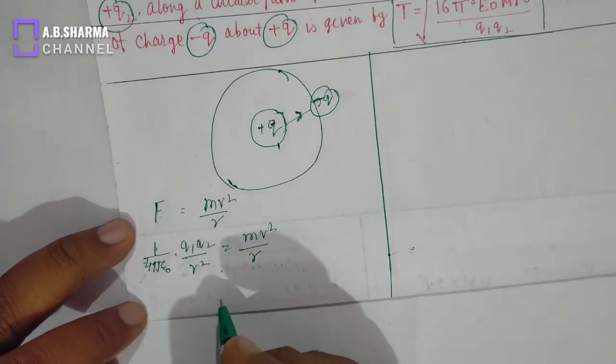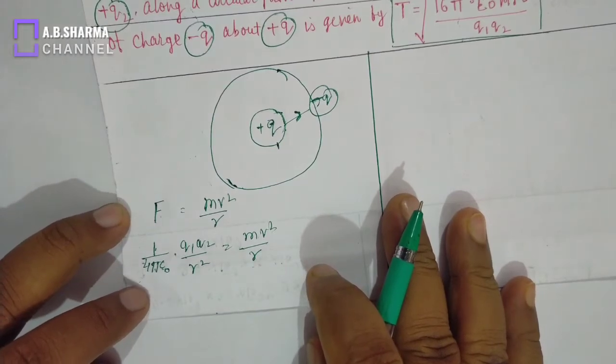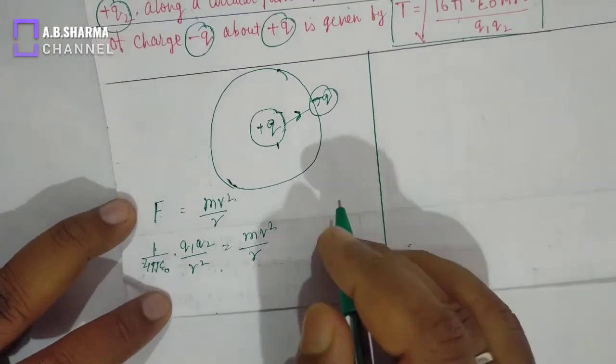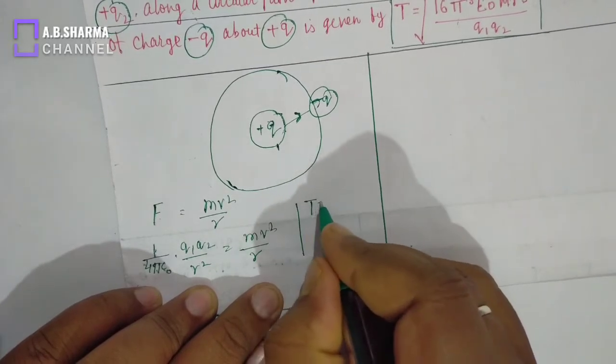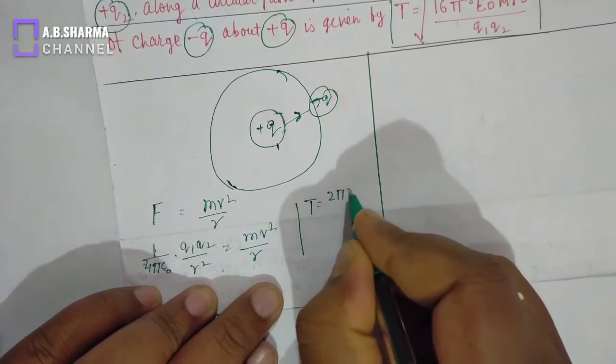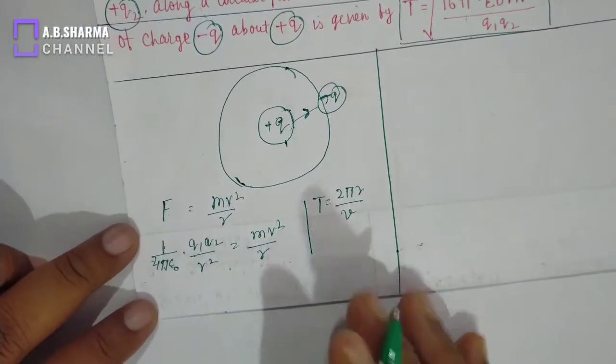Now we need v because we have to find T, that is the time period of revolution. So T equals what? The formula of time period equals 2 pi r over v, means we need to find v.